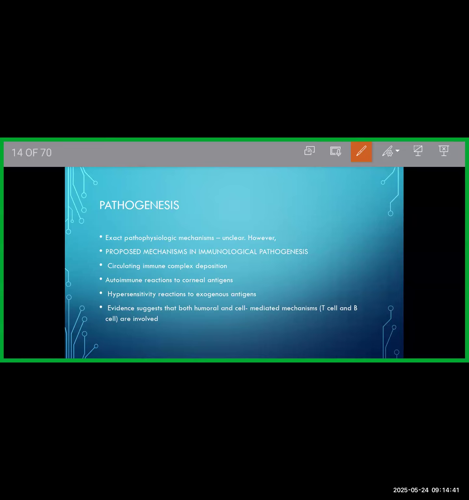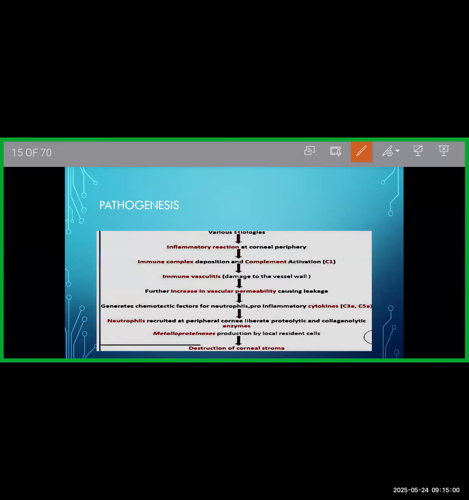It may also be due to an associated hypersensitivity reaction to exogenous antigens. And also, evidence suggests that both humoral and cell-mediated mechanisms, that is the B and T cells, are involved in the pathogenesis of peripheral ulcerative keratitis.